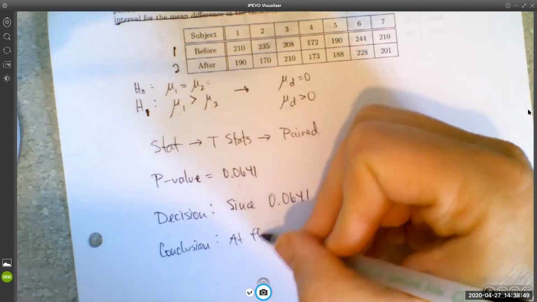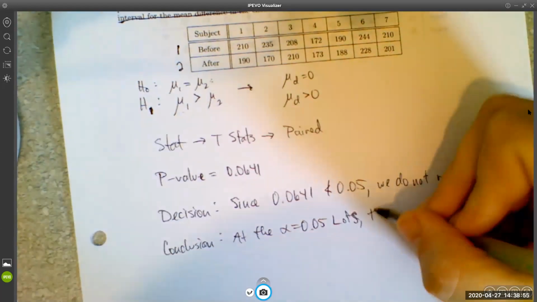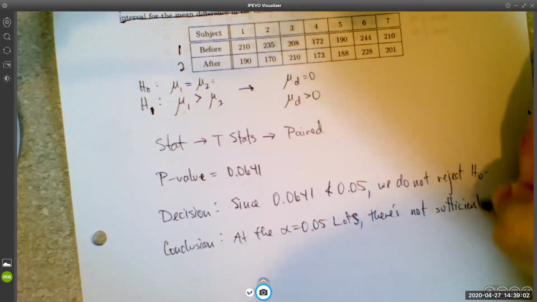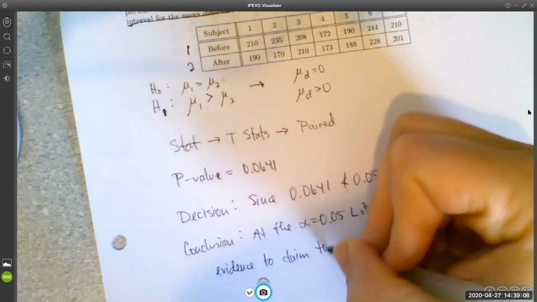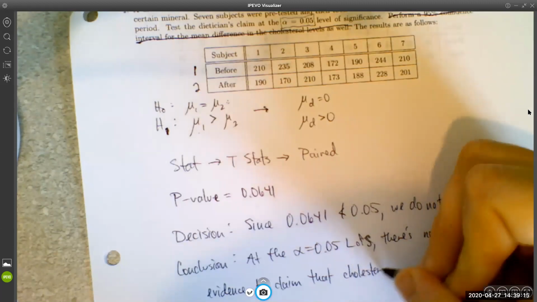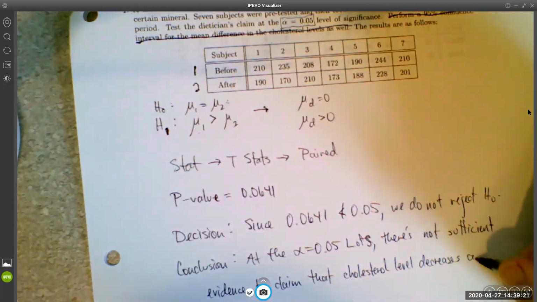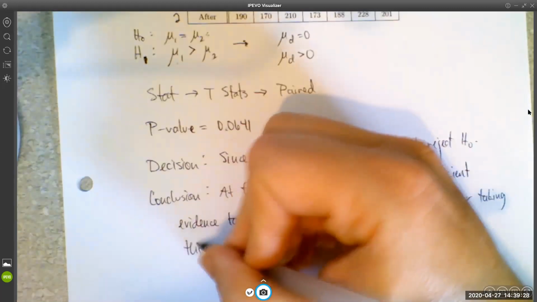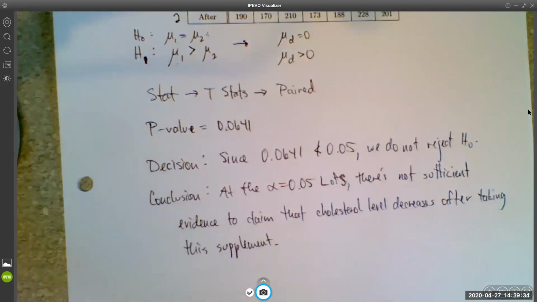So at the 0.05 level of significance, there's not sufficient evidence to claim that cholesterol level decreases after taking this supplement. Okay, and that's that one.